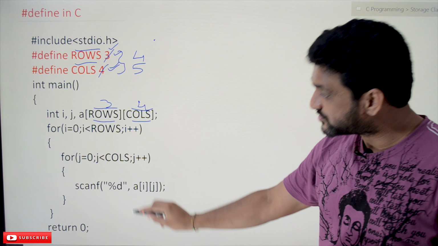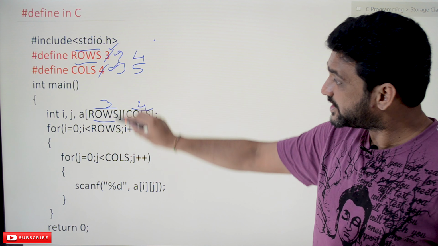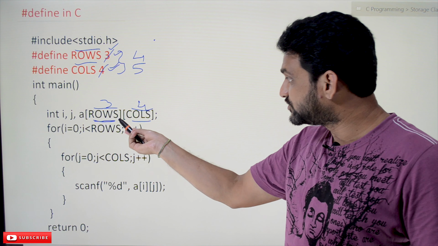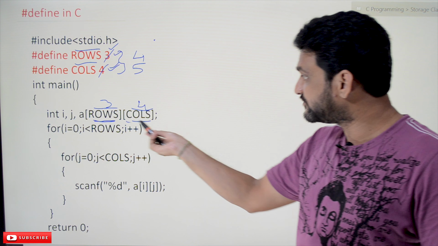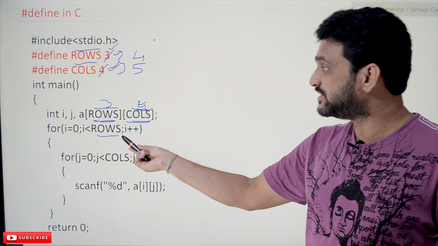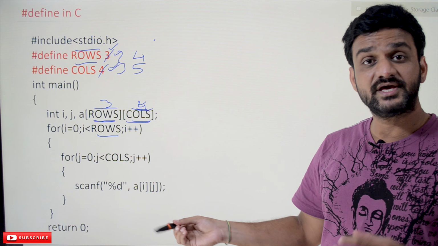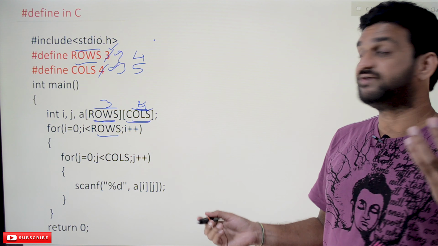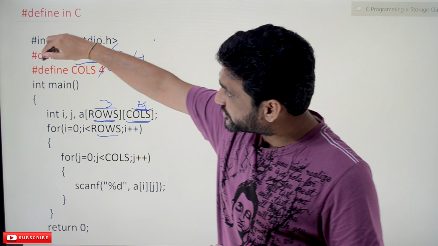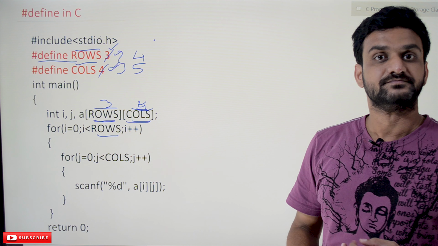The entire program will now be intact. See here, the number of rows is 4 and the number of columns is 5. That is the advantage of creating constants by using define.